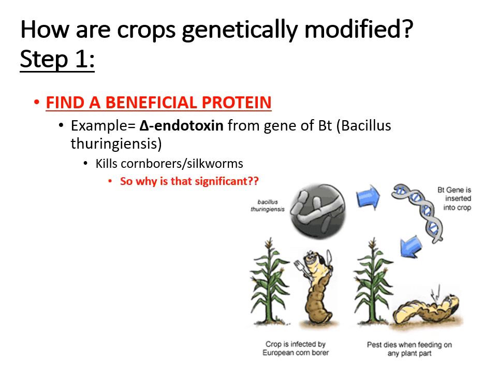Now, you may say, well, why is that significant? Well, those are big common pests for crops. So if a plant is able to produce its own natural endotoxin, and I know it sounds funny me saying natural when this is genetically modified, but this is a naturally occurring protein of bacteria, so that's why I use that term. So if you could get the plant to produce this bacterial protein that kills silkworms and corn borers, well, now you no longer need to apply harmful chemical pesticides.